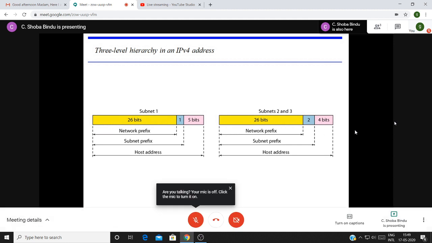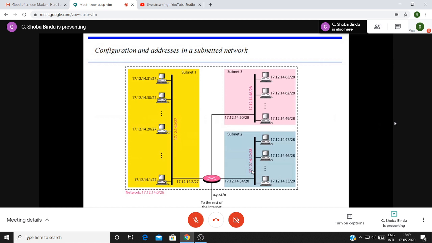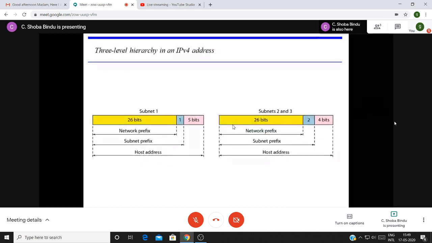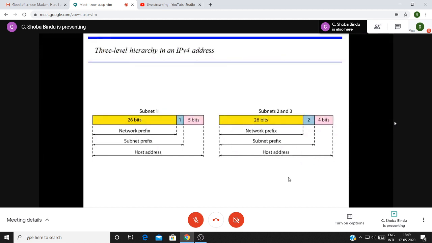When you group a number of nodes together, that is what we call supernetting, and then we will have fewer bits in the network mask. So when you go for subnetting, the number of ones in the subnet mask increases, and when you go for supernetting, the number of ones in the subnet mask decreases. So this is about subnetting and supernetting.